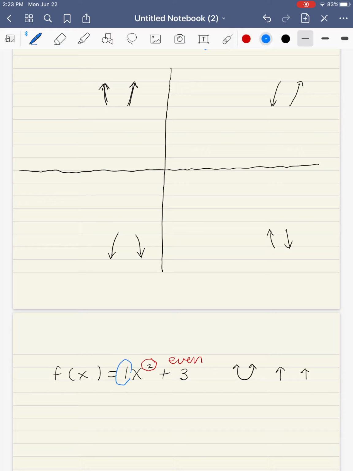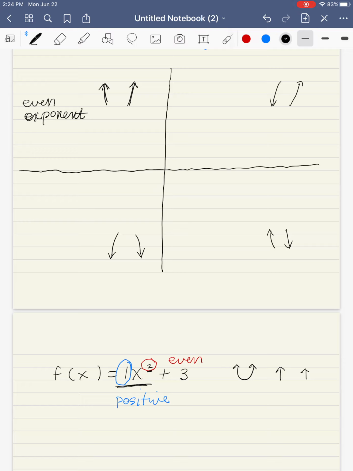Notice that my degree here is 2, an even number. And my coefficient is a positive number. So that's going to be our model for any polynomial that has an even exponent, like squared, to the 4th, to the 6th.